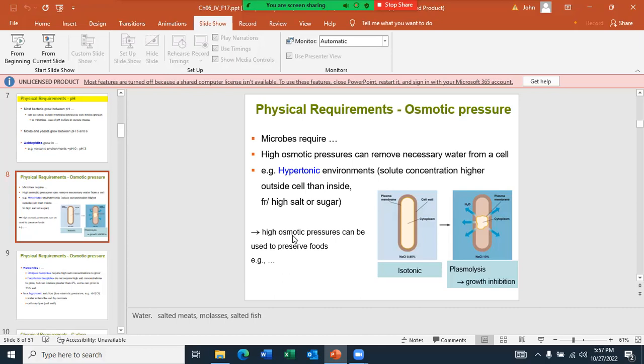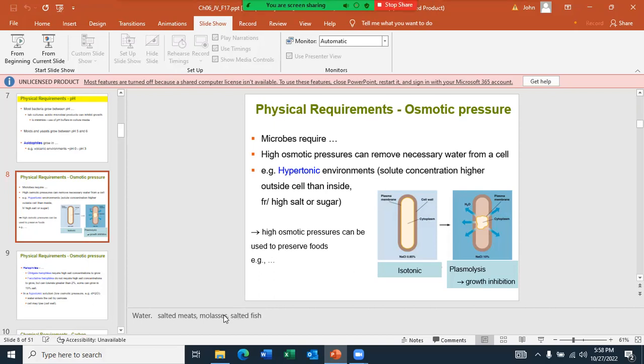Another example is we put salt in pickles to help preserve them. We do salt meat and other things to help preserve them too. Now, pickles also have, besides salt, vinegar in them, which also helps preserve the pickles.